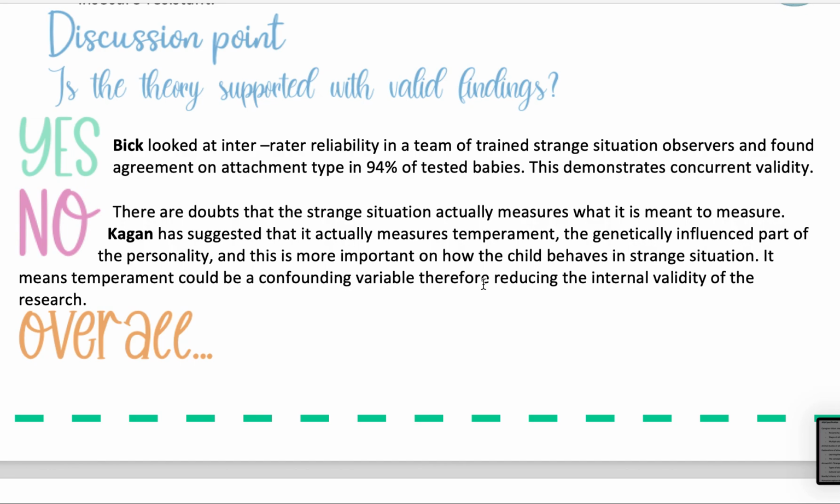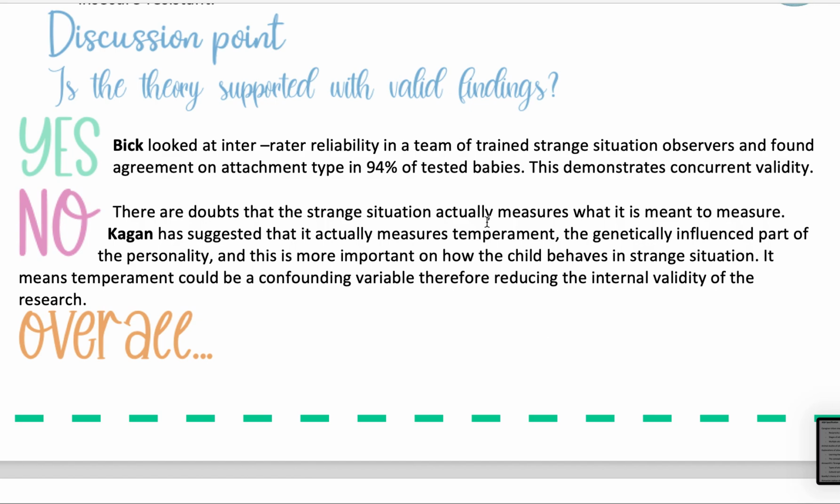A problem with the validity is that the way it was measured, what actually might have happened is that the baby's temperament, so their actual personality, is what is being measured rather than their attachment style. So, for example, a baby might explore freely, and that might make them appear that they're an avoidant attachment style, but actually that just might be more indicative of their levels of independence or curiosity levels or something like that.